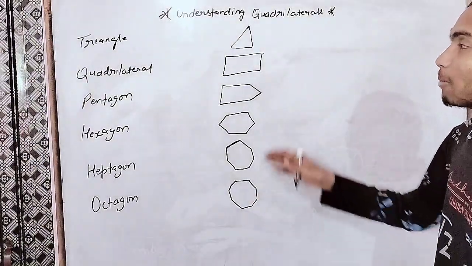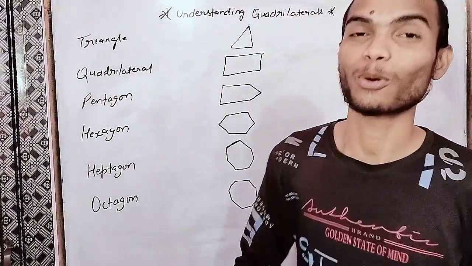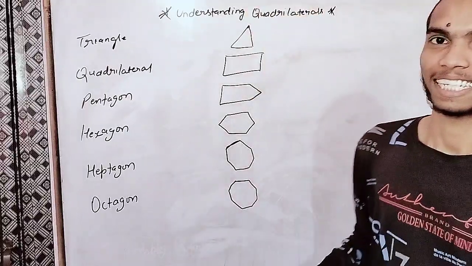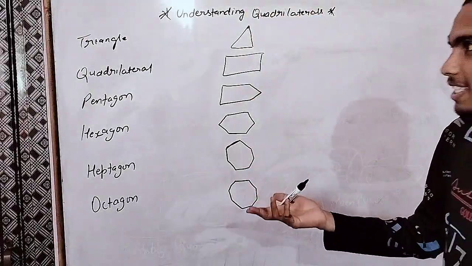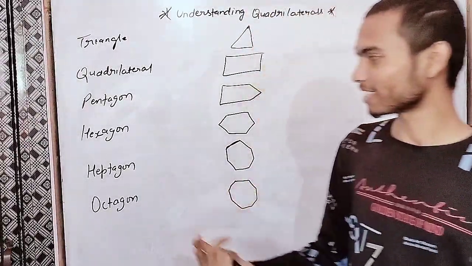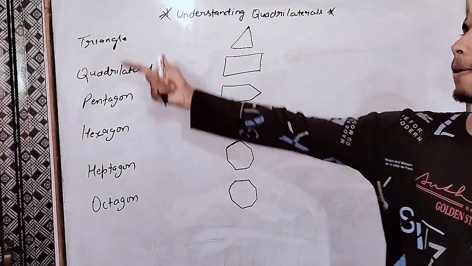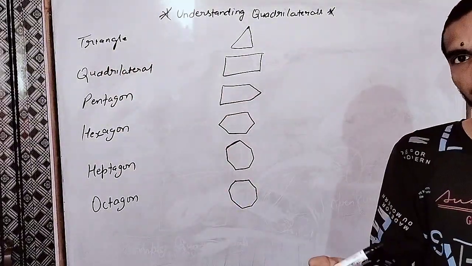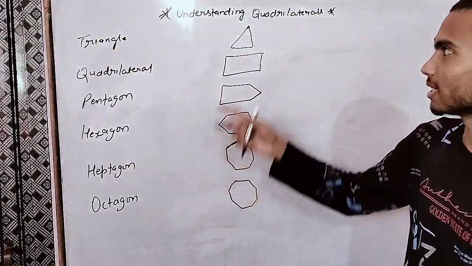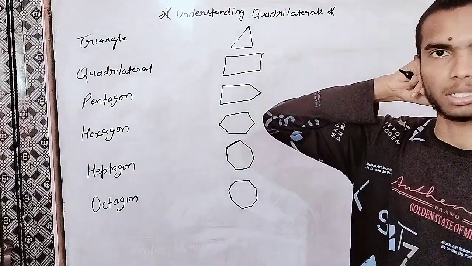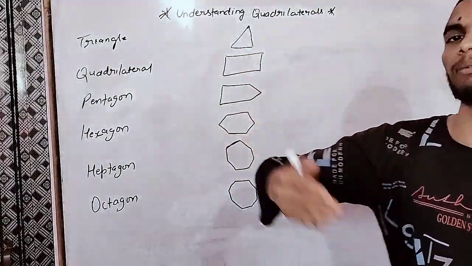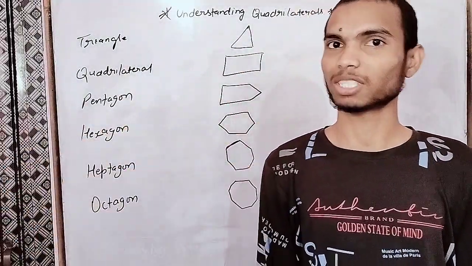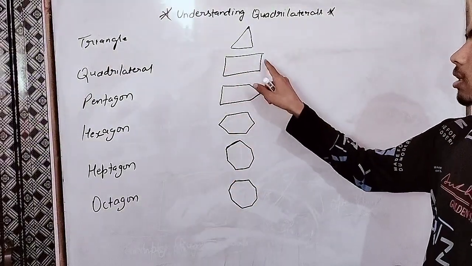Okay, we have polygons, not just one polygon. First is a triangle, the second a quadrilateral, then pentagon, hexagon, heptagon, octagon. Tri means three angles, otherwise we can say three sides. So here we can see three sides. Quadrilateral: quadri means four, and lateral means a side. Four sides: one, two, three, four.